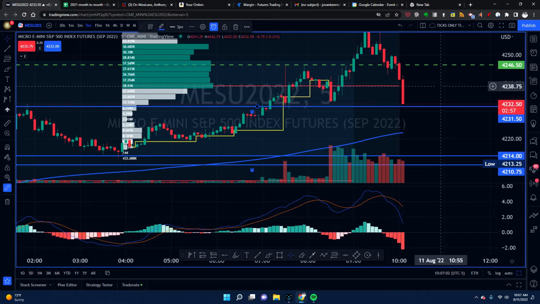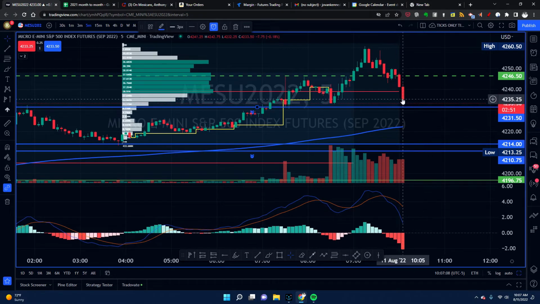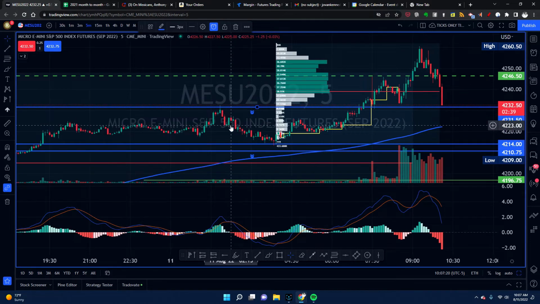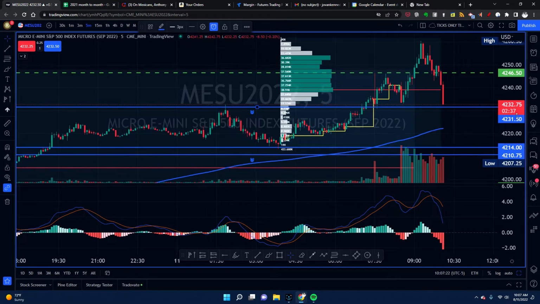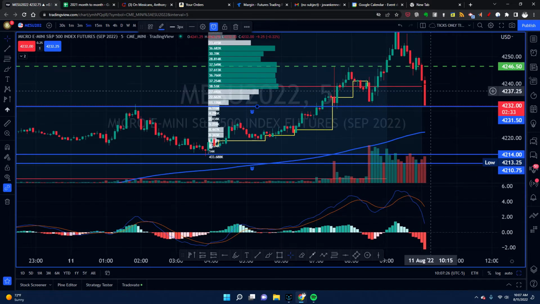Most people would say, well, I'm going to put my order on the POC, because everyone traded here before, and these people will want to buy again when it gets back down here. You really should be looking at the low volume node, because this will show you where there was reluctance to trade. This doesn't show you any reluctance.